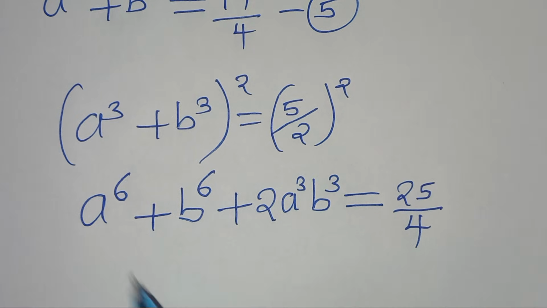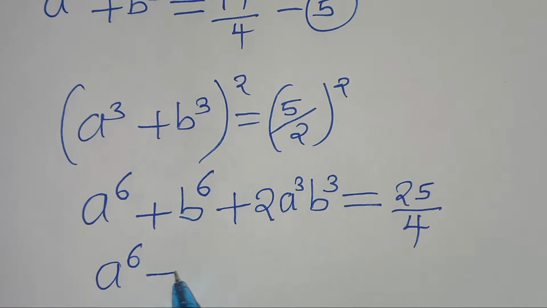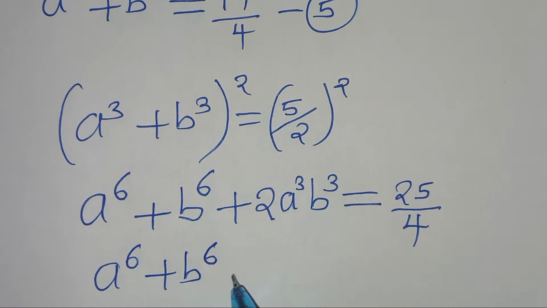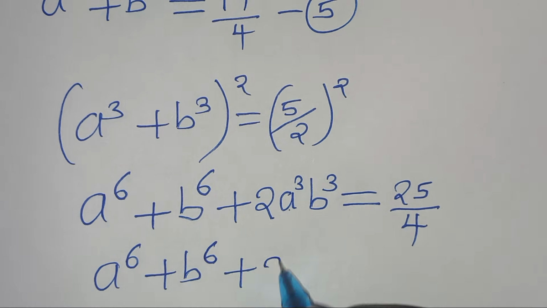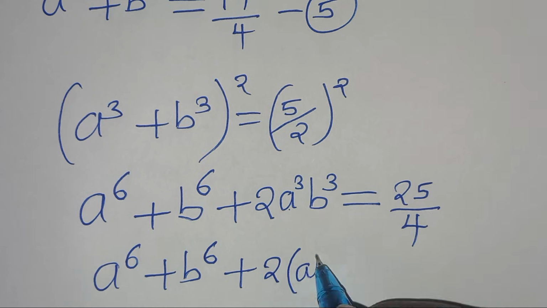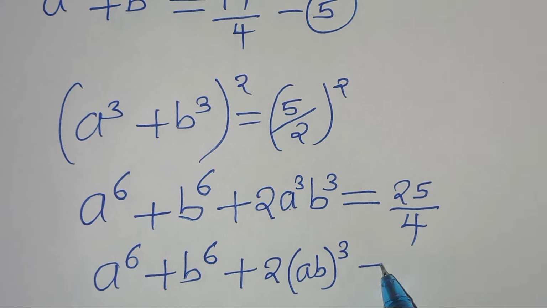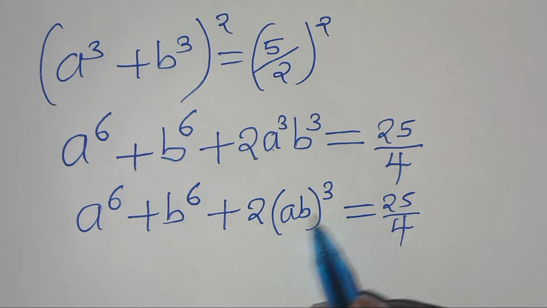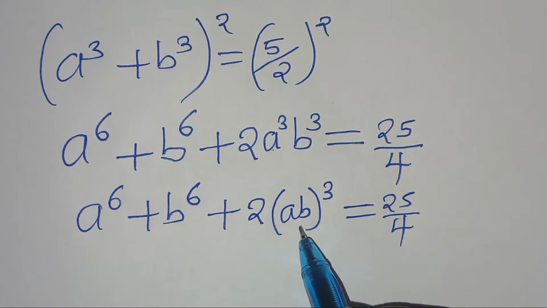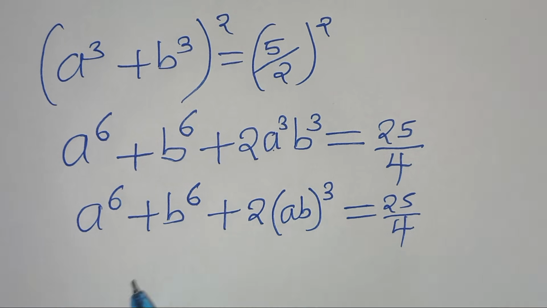Now, here we have a to the power of 6 plus b to the power of 6. Then plus, we can express a to the power of 3, b to the power of 3 as 2 times ab raised to the power of 3. This is equal to 25 over 4. ab from equation 3 is the same thing as minus a half.